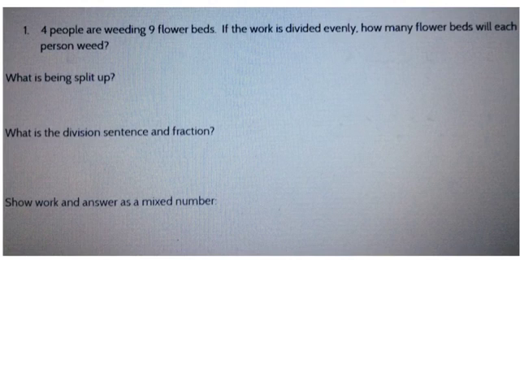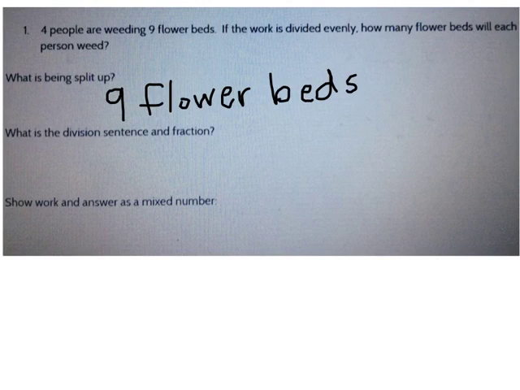The flower beds are being split up between the 4 people. So, what division sentence represents this problem? I'm splitting 9 into 4 groups, so the division sentence is 9 divided by 4.